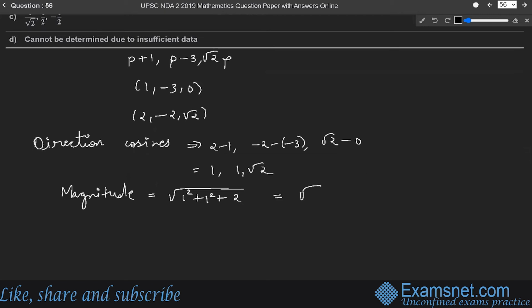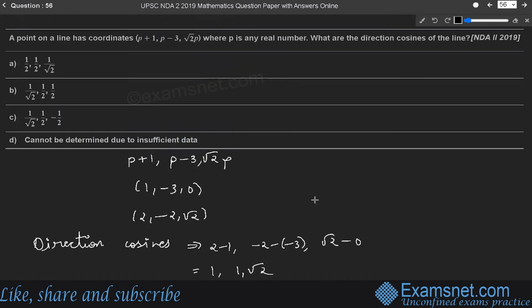So this will be equal to root 4, which is equal to 2. Now dividing the direction cosines with the magnitude, we get 1 by 2, 1 by 2 and 1 upon root 2. Hence we can say that the correct option for this question is option number A here. I hope this question is clear to you.